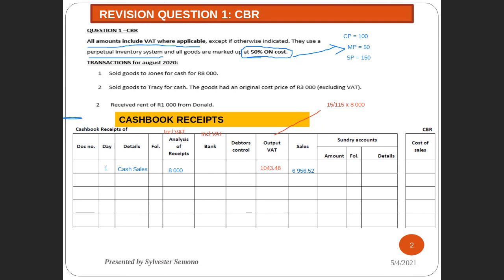Thank you, Letabo, for that. And this is what we did. If you have got a question, you will ask. And then this is how we calculate it.